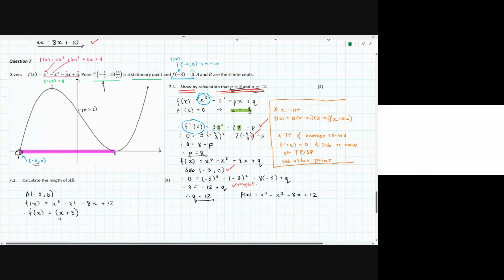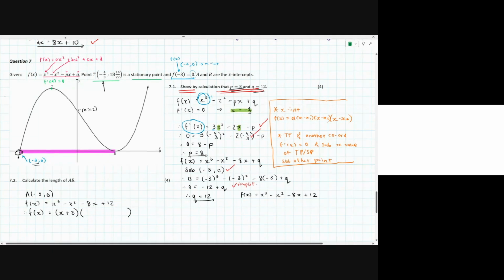Because if I were to solve this and make this equal to 0, I want to get that -3. So we always swap the signs so that we do actually get the correct x-intercepts. So technically here, I actually have my first bracket. I would just need to completely factorize the rest of this expression to get my coordinate for B.